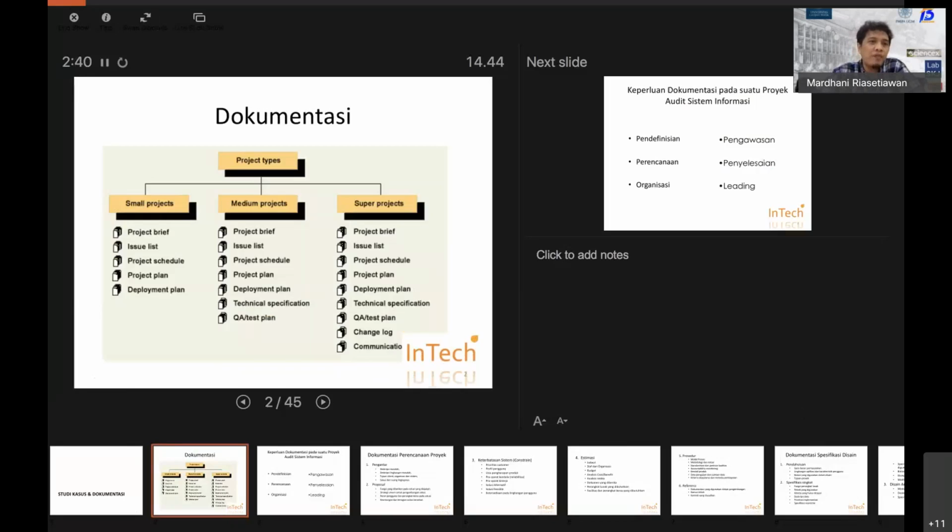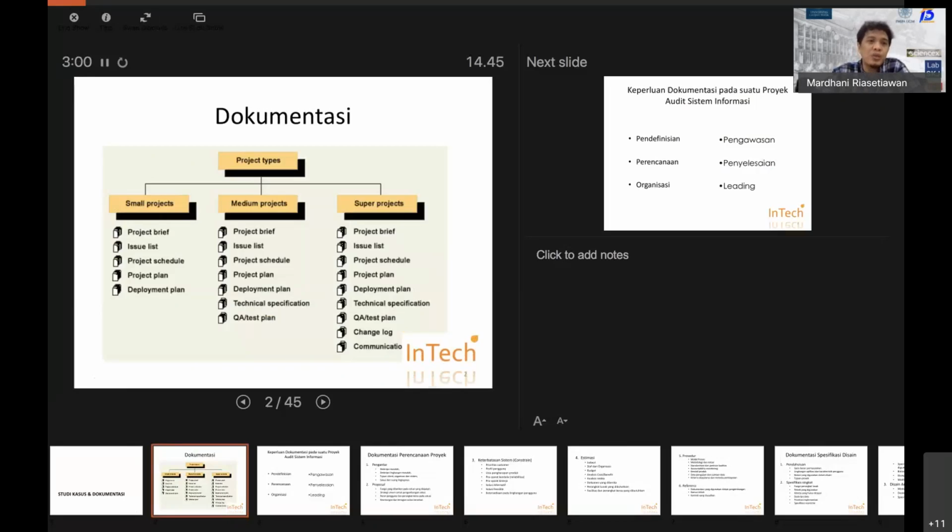So we need to collect the project management document like the project schedule. So it's very important to study and have deep knowledge of the project management process. And then you need to have a project plan.